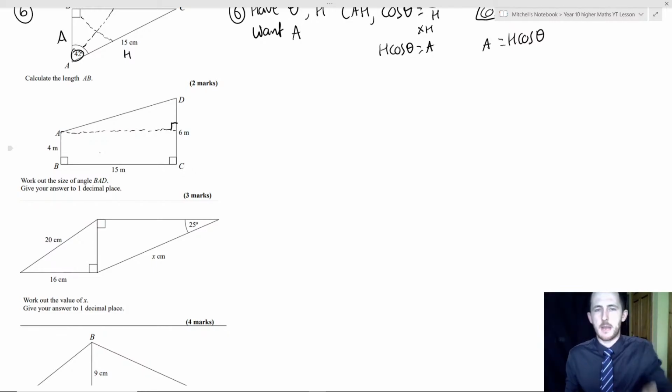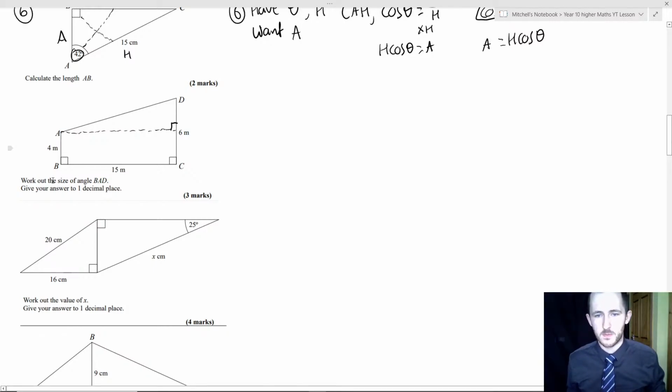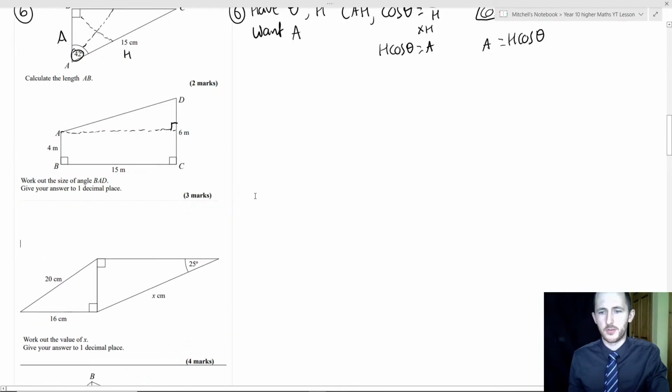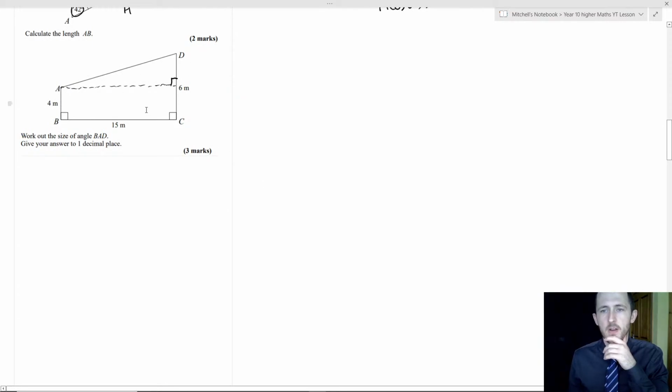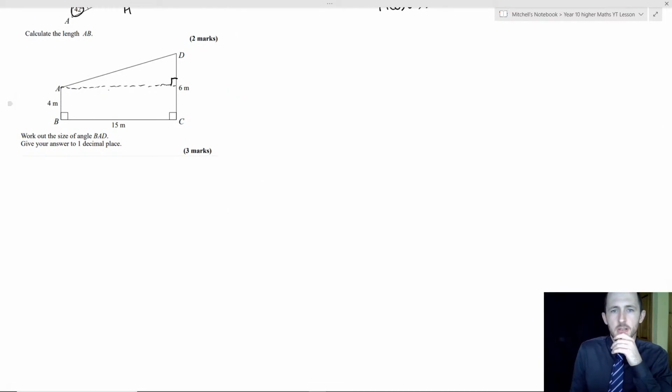So the question is, how would you know this in real life? Like if this was just an exam question and it wasn't a trigonometry lesson, how would you know? Well, if we have a look, it says work out the size of the angle BAD. Something I've noticed a few people get stuck on is that they aren't 100% sure which angle they're talking about.